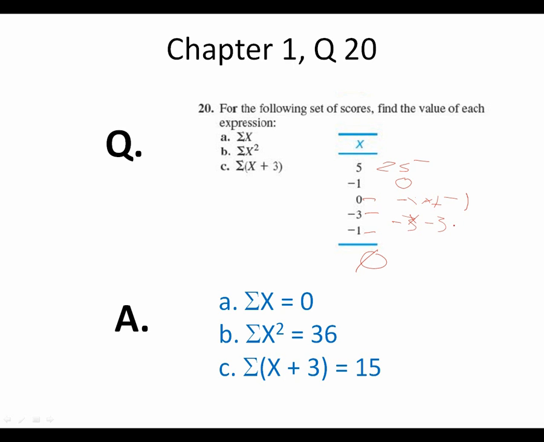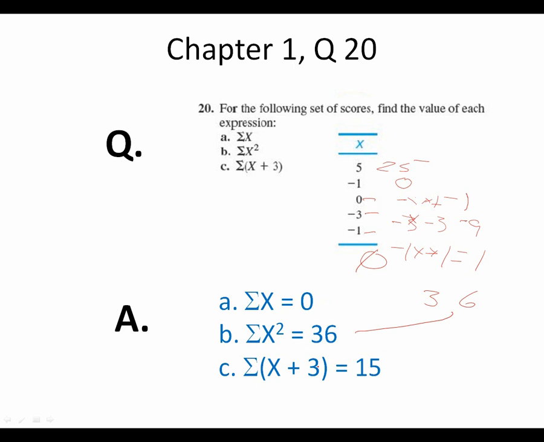I'm having a little trouble with this pen. Equals 9, and minus 1 times minus 1 equals 1. So if I add those up, I get 36, which is the answer to the second question.